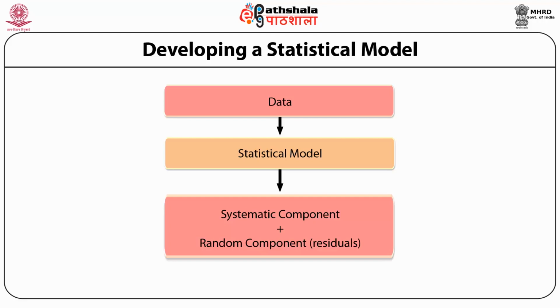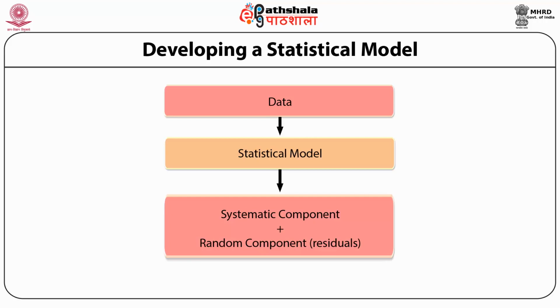Now in this slide you can see that we have a data set, and this data set is used in a statistical model, and finally we have a result, which comprises mainly two components. First is the systematic component and second is the random component.